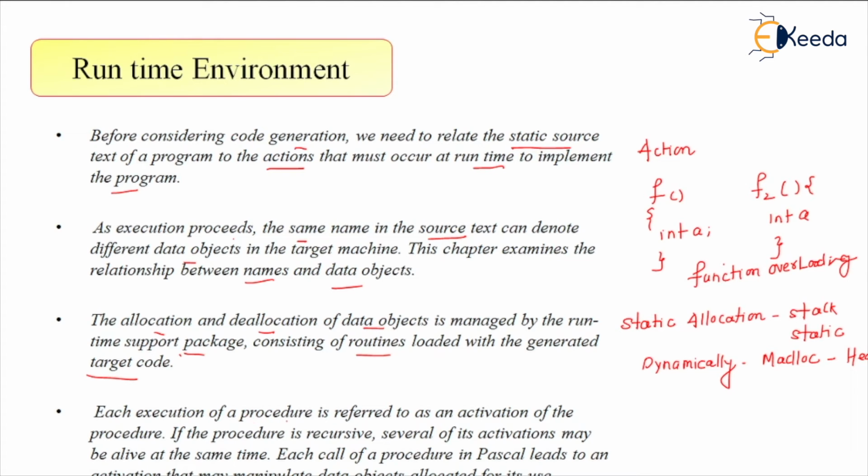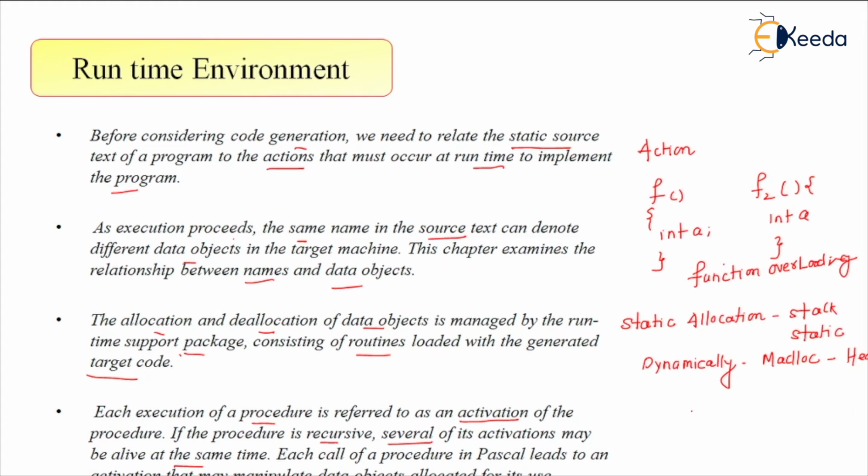Each execution of a procedure is referred to as an activation. This is the new thing: if we are executing a procedure, it is referred to as an activation of the procedure. If the procedure is recursive, several of its activations may be alive at the same time.